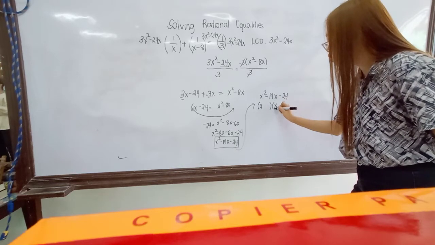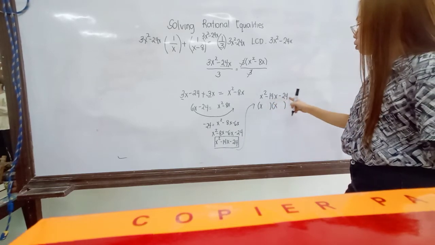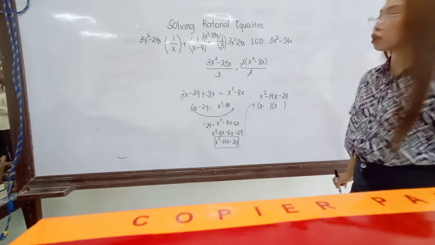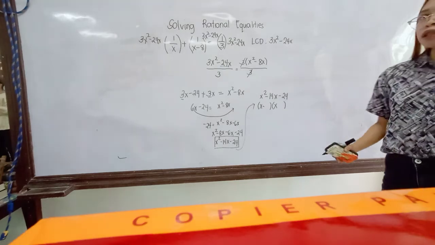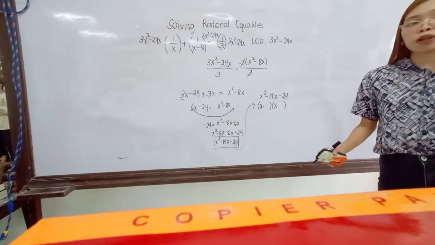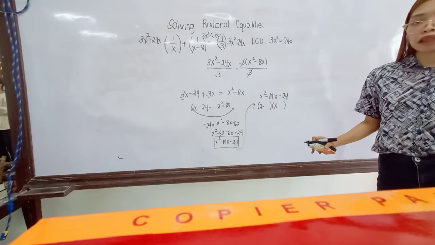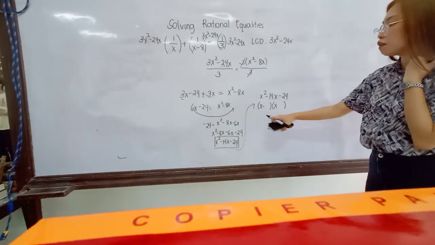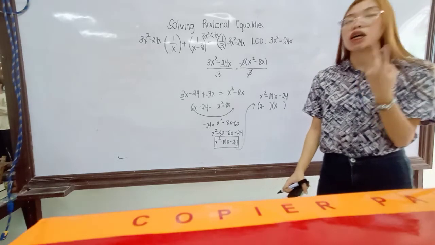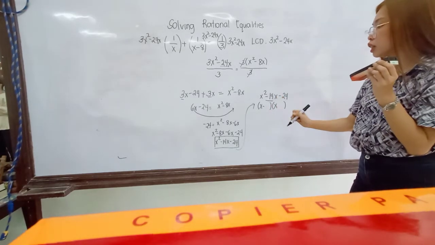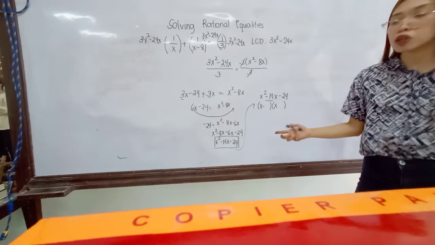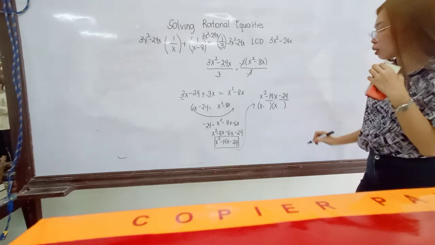So it can be negative 14. You are going to think of two numbers that when added will result to negative 14 and when multiplied will result to positive 24. Again, you are going to look for two integers that when you add them result to negative 14, and when you multiply them result to negative 24.